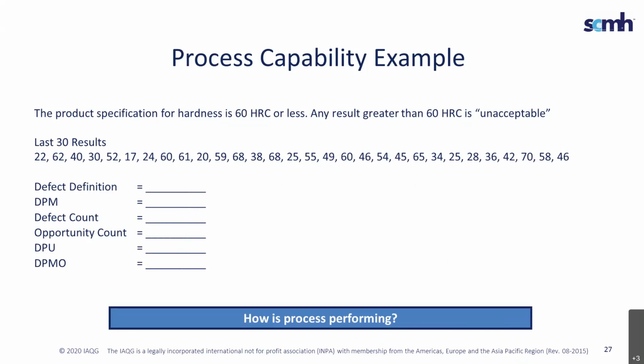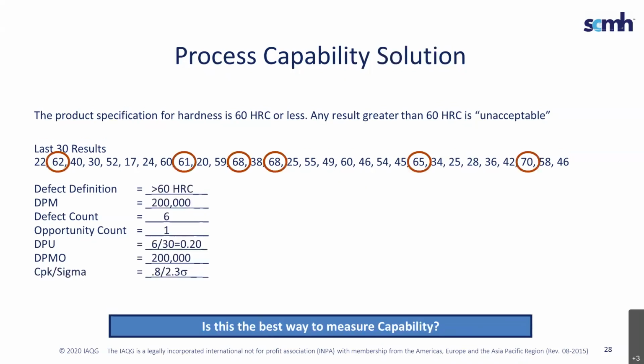If you look on there, you can actually count the number of defects. You actually have 6 defects out of 30 samples. All right, 6 defects out of 30, that's about a 20% defect rate.